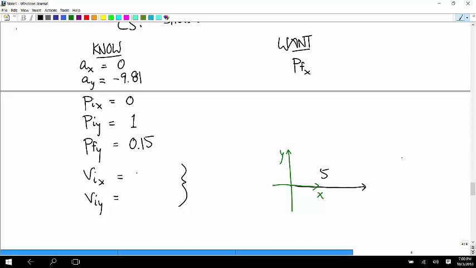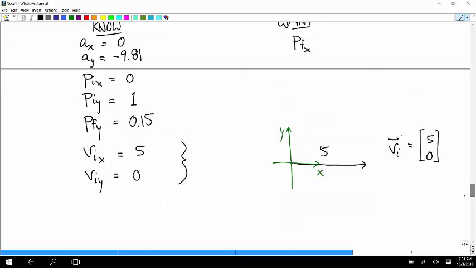Positive 5, 0. So 5 for the x component, 0 for the y component. And we don't know anything about the final velocity. So this is it. Okay, is there an equation that works with this? I think the answer is no. So no equation works.